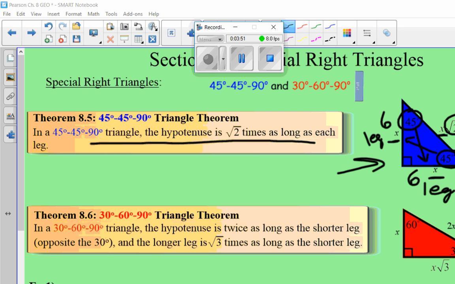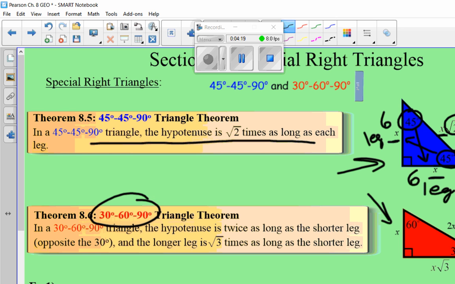Okay, the next one that we want to do is 30, 60, 90. If you could go ahead and draw up this triangle and label that up. And this one has a little bit more that we have to remember, and we have to be able to understand the relationship between the three sides.